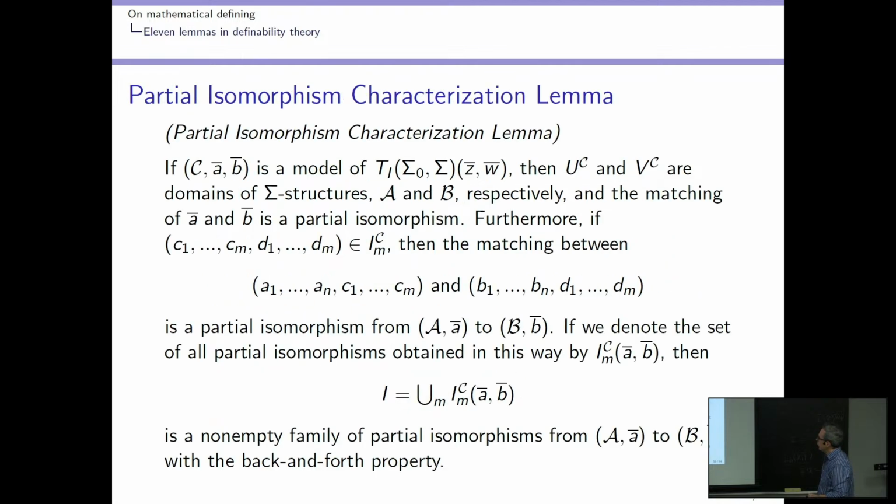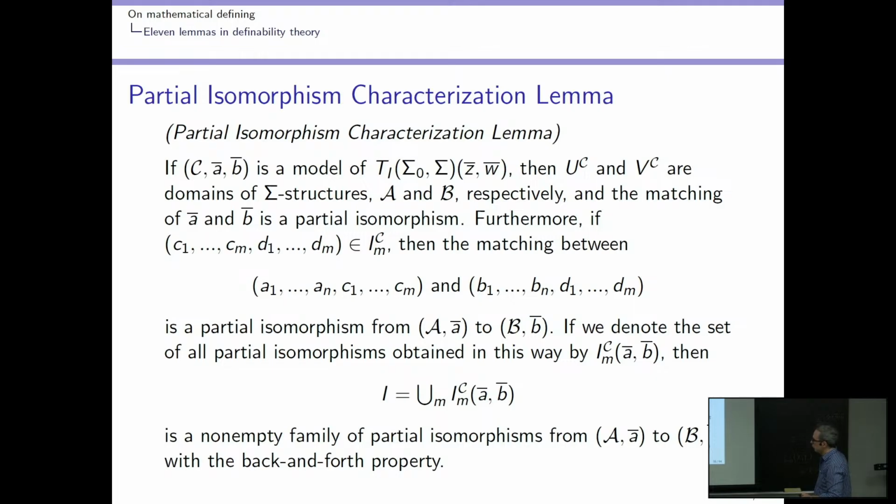Now we have the lemma, exercise 5. This theory indeed codifies the partial isomorphism relation. That is, if C, A bar, B bar is a model of this theory, then the interpretation of U and the interpretation of V are domains of sigma structures by relativization.